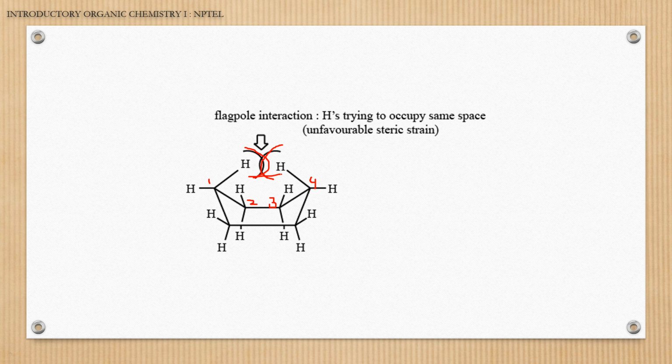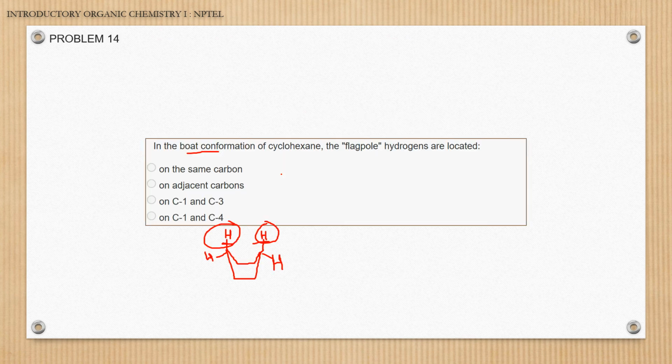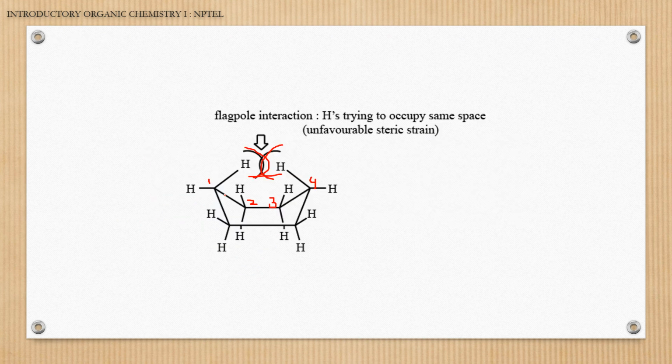Any doubts on this? The correct answer should be C1 and C4. As you can see here, if you number these carbons, you will see that C1 and C4 have the hydrogens having the flagpole interaction.